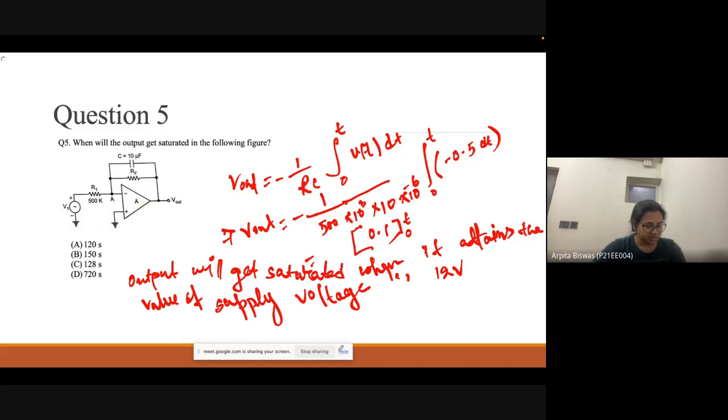Thus the V output, which is 0.1, here we have calculated.